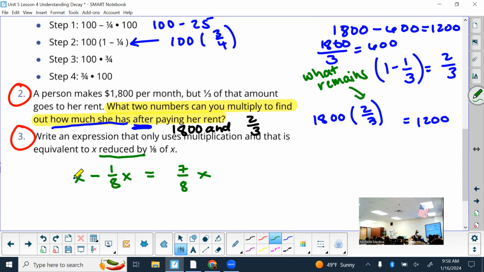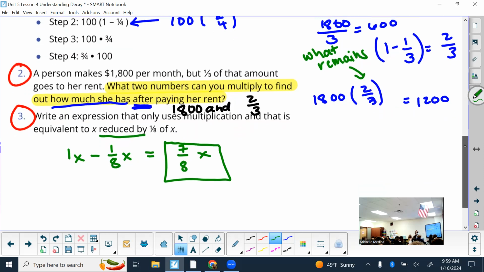If this helps you further, what's the coefficient if it's not written? 1 minus 1/8 is 7/8, and then since these are like terms, you don't change the like term though. It's still an x. So that answers it.